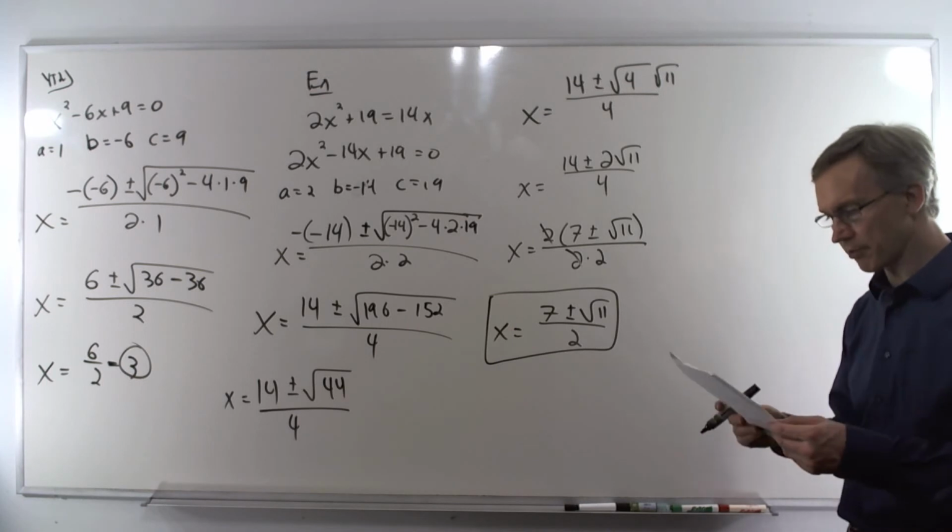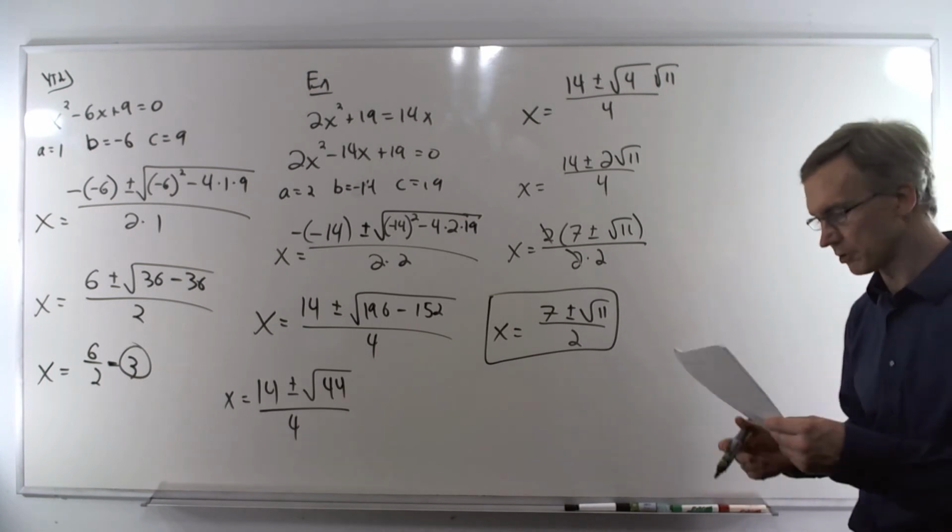Next up, your turn, number 3. 9x squared plus 6x equals 1.